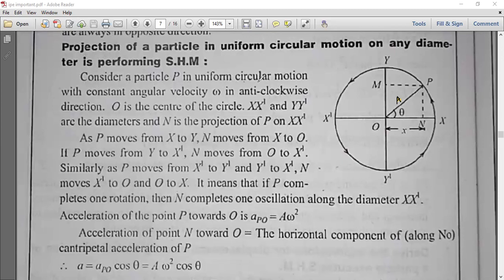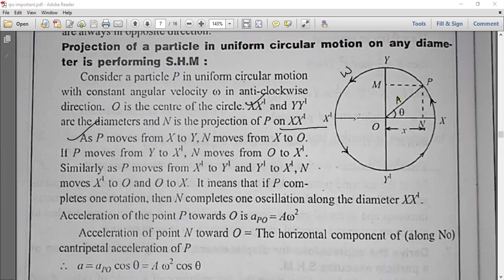Consider a particle P in uniform circular motion with constant angular velocity omega in anti-clockwise direction. Already you can see here, anti-clockwise direction. This is omega. X dash and y dash are diameters. N is the projection of P on x dash. This also you can write. Next, as P moves from x to y, N moves from O to x dash.